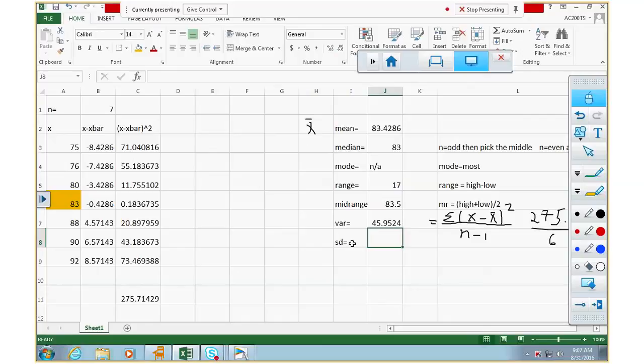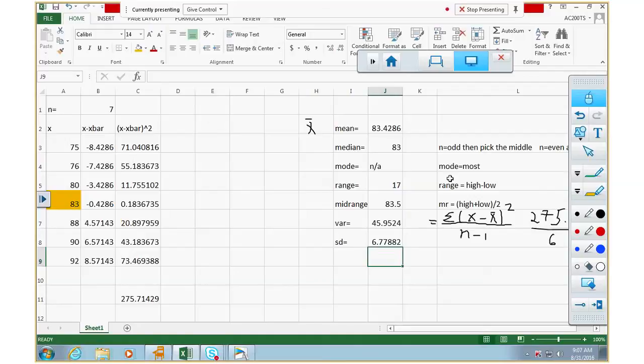So take the square root of 46. The square root of 49 is 7, right? So the square root of 46 is going to be like 6.8, 6.7. So let's go ahead and raise it to the 0.5 power. 6.8.